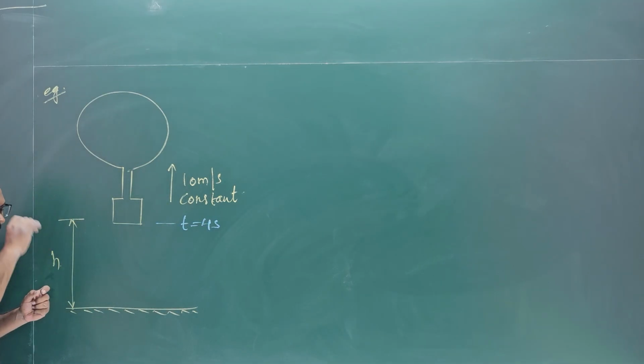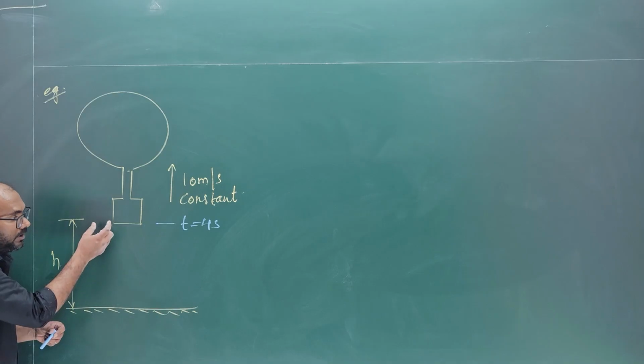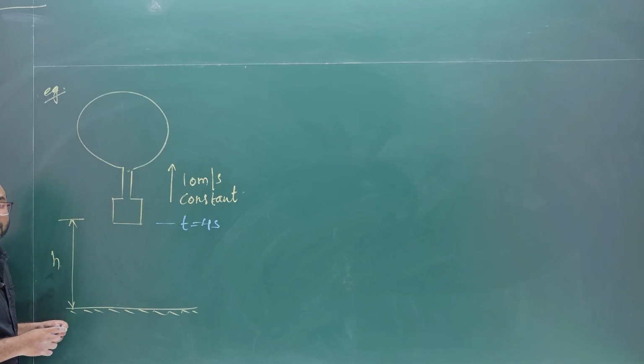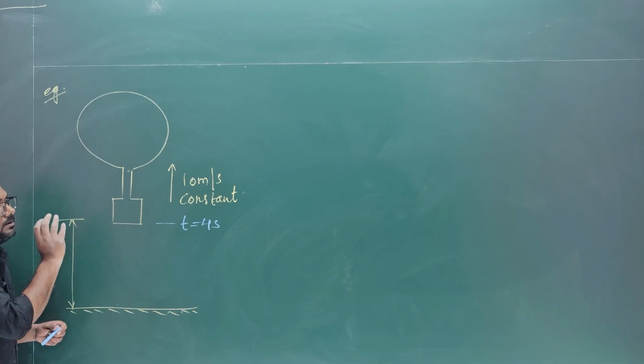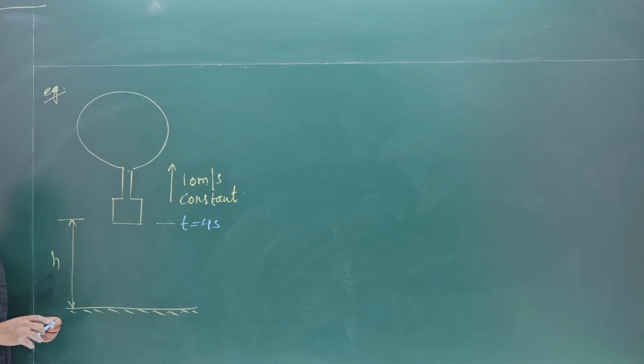So can I say that the body started from the ground, reached a point, height h, in time 4 seconds with constant velocity 10 meter per second. Okay. First thing, tell me how much distance will that balloon travel in 4 seconds?